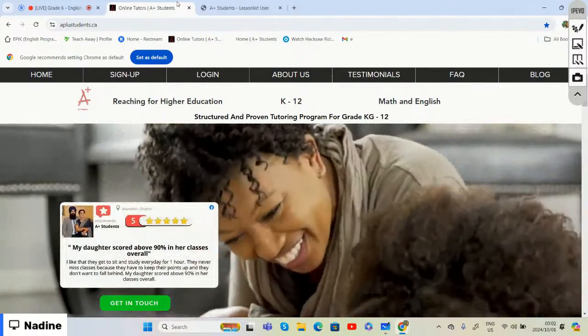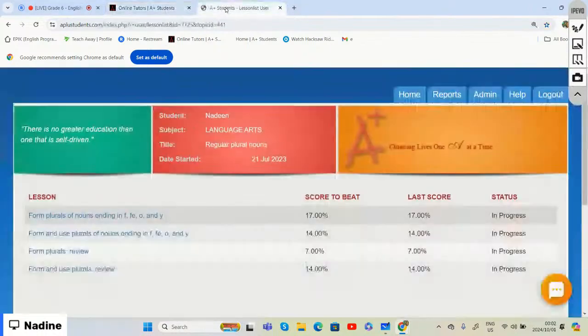Then we scroll down until we get to our chapter of regular plural nouns.